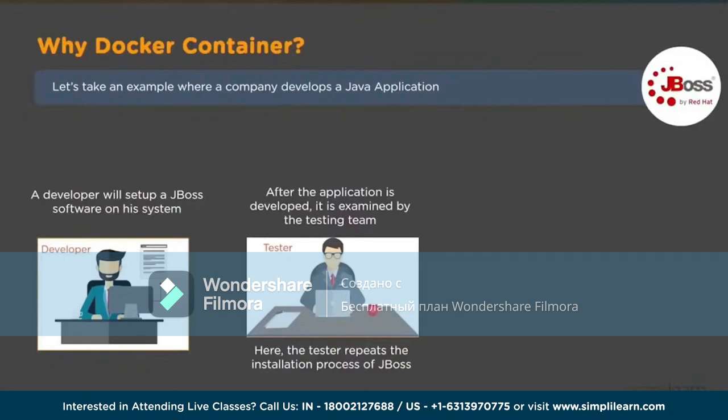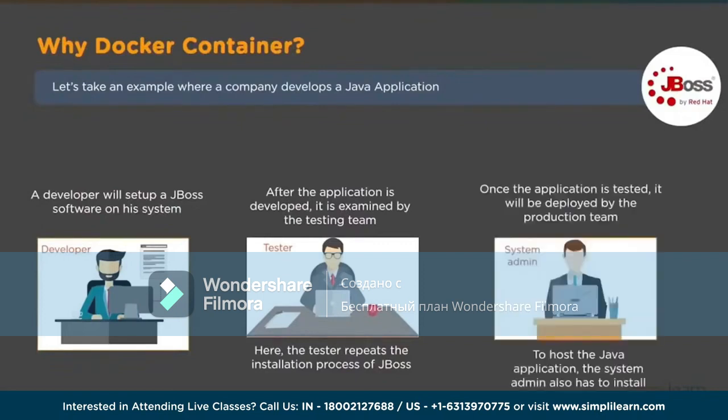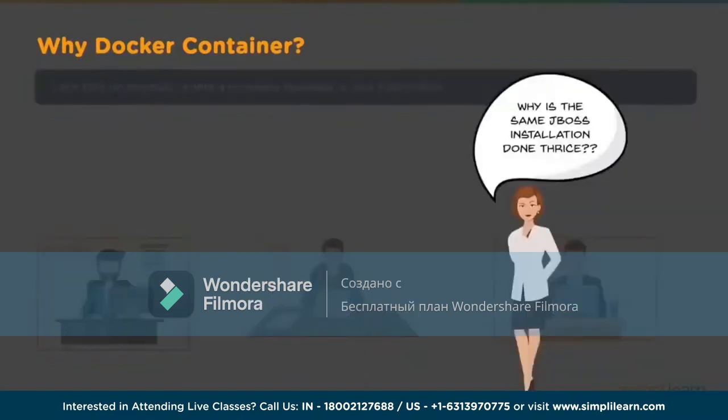Chances are they probably won't have it exactly the same, but they're trying to get it as close as possible. And then at some point, you want to test this within your production environment, so you send it over to a system administrator who would then also have to install JBoss on their environment as well. This just seems to be a whole lot of duplication. So why go through the problem of installing JBoss three times?